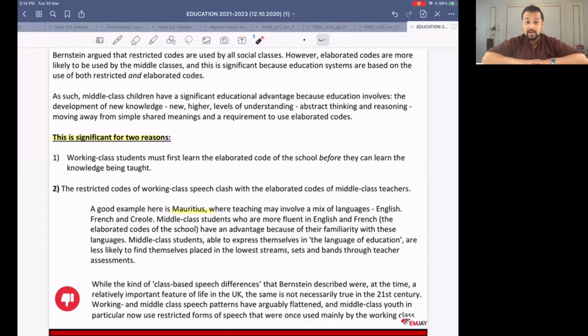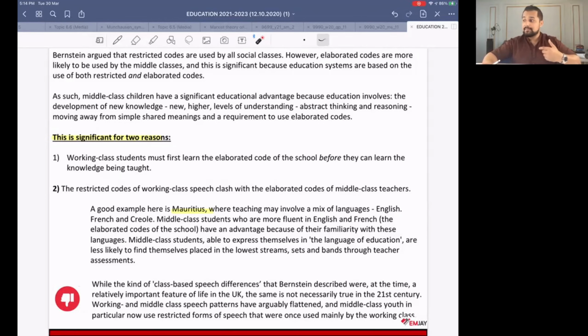While the kind of class-based speech differences that Bernstein described were at the time a relatively important feature of life in the UK, the same is not necessarily true in the 21st century. Working and middle class speech patterns have arguably flattened, in other words, the differences between them have been reduced. And middle class youth, in particular, now use restricted forms of speech that were once used mainly by the working class.